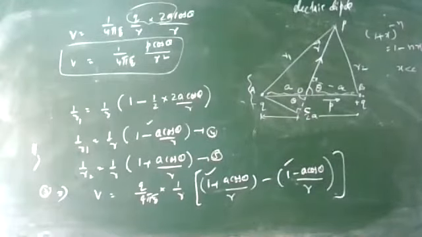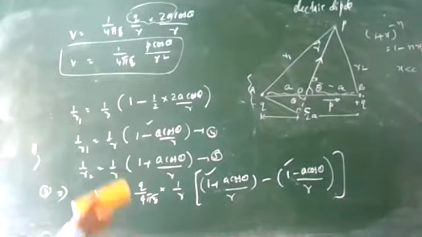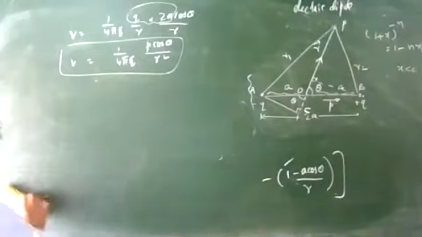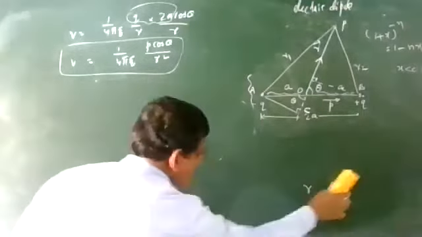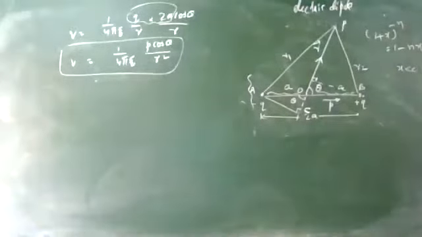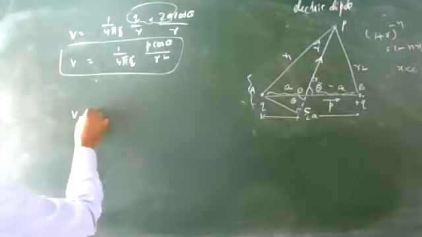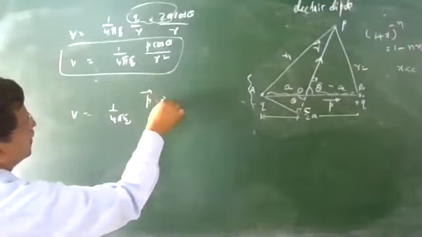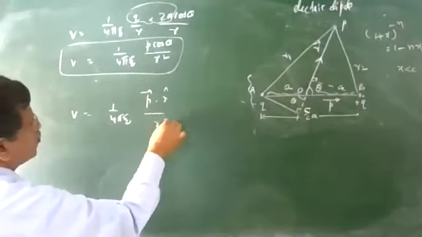You can also represent this in dot product form, p cos theta. Here the angle is between the p vector and a unit vector in the direction of the r vector. So I can write this value in this format also: V equals 1 by 4 pi epsilon 0 p vector dot r cap divided by r square.